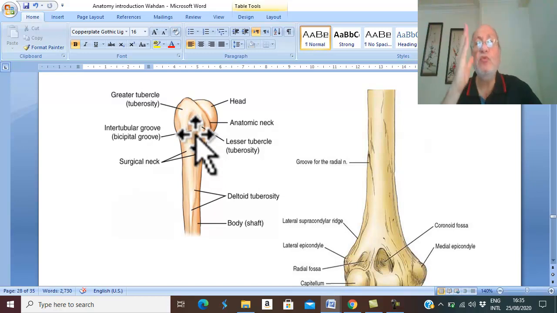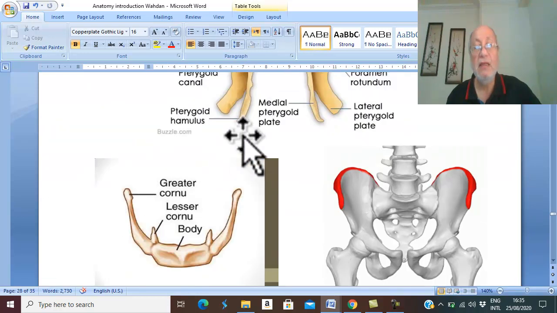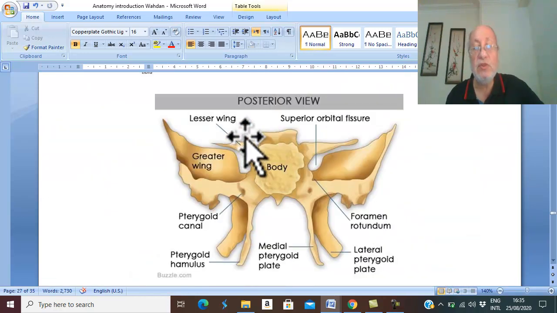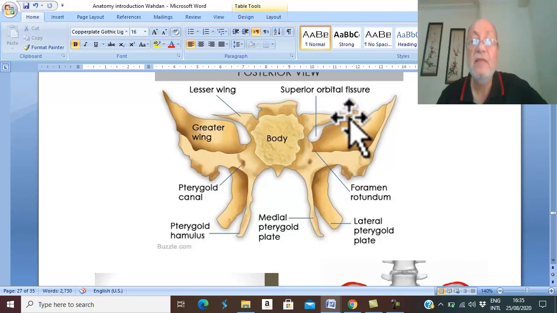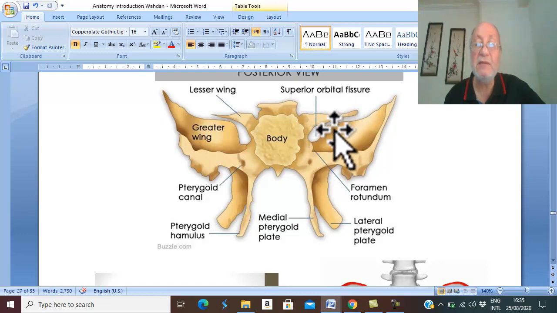Fissure is a longitudinal cleft between flat bones. The most famous area for flat bones is the skull. Like this cleft between the flat bones, this is called fissure, a longitudinal cleft between flat bones.